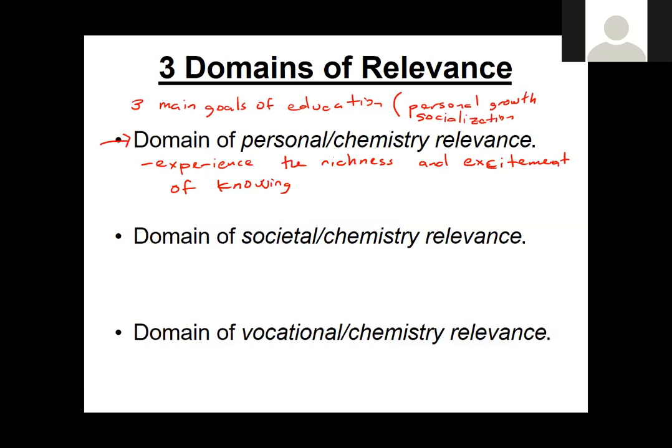Be informed citizens who are prepared to deal with chemistry-related societal issues, to vote responsibly and to influence, when appropriate, policies related to the impact of chemistry on society, to critically follow discussions about chemistry in popular media, and be citizens who have a positive attitude toward chemistry.